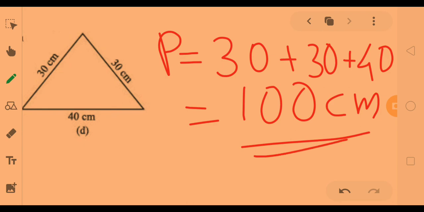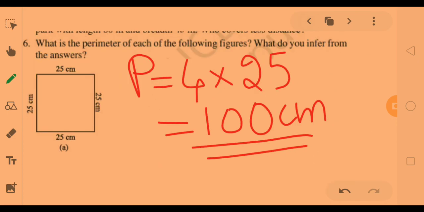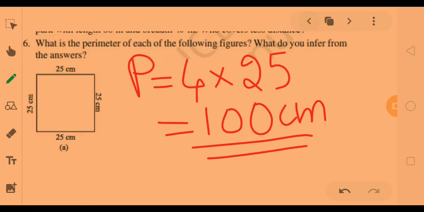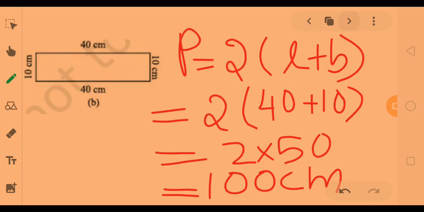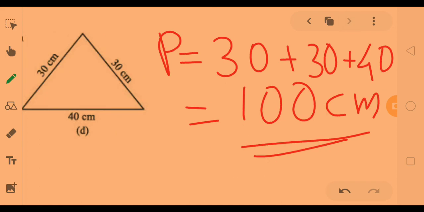What do we infer from these perimeters of these diagrams? So we find that all the diagrams, all the shapes are having the same perimeter. See the perimeter of square 100, perimeter of rectangle 100 centimeter, again perimeter of rectangle 100 centimeter, then the perimeter of triangle also 100 centimeter.